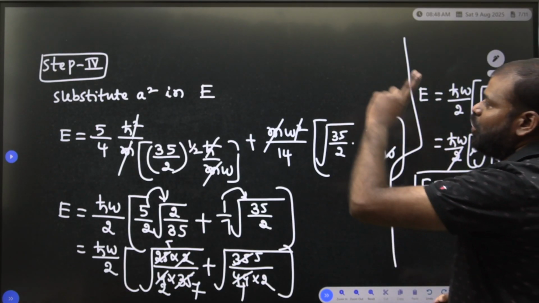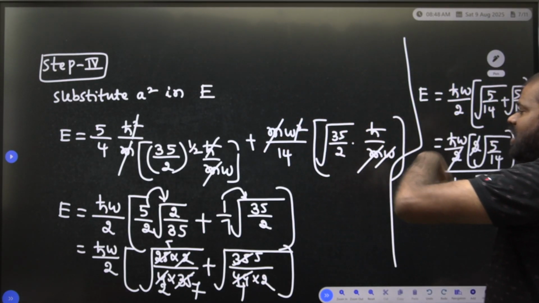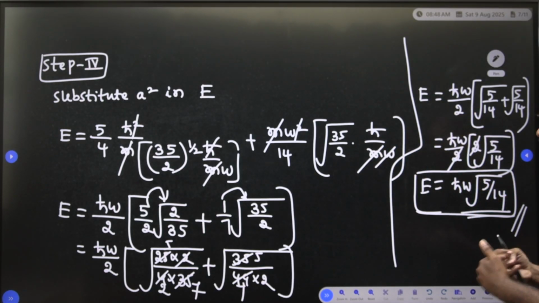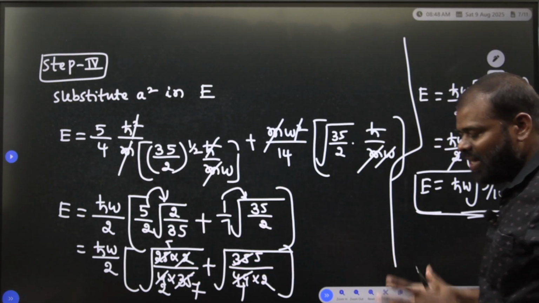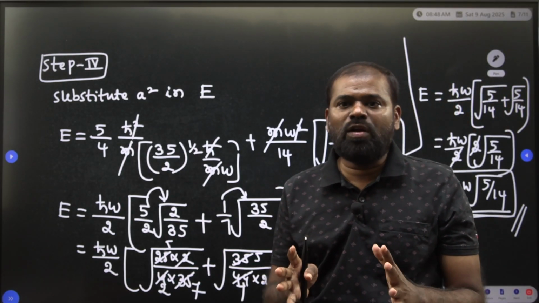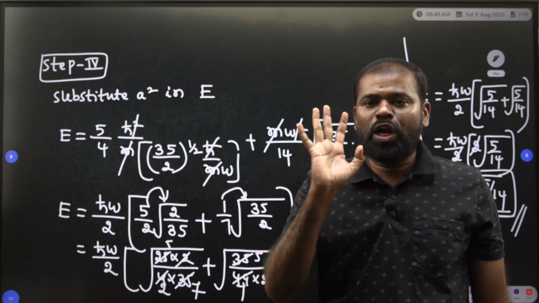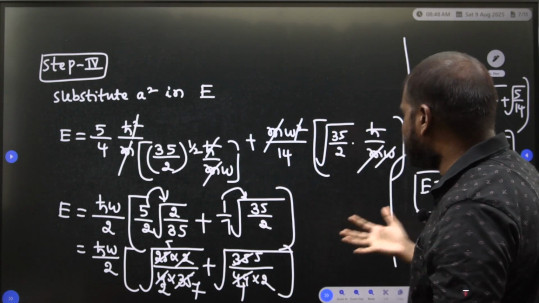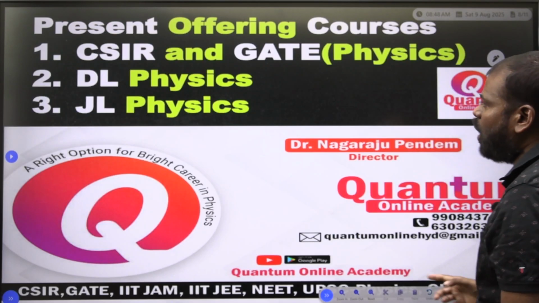In step 4 you have to substitute the a squared in step 2, and you are going to get the ground state energy corresponding to your trial solution. This is the method to solve the variational method. Only 4 steps are there to solve the problem. So these steps you have to follow, clear.